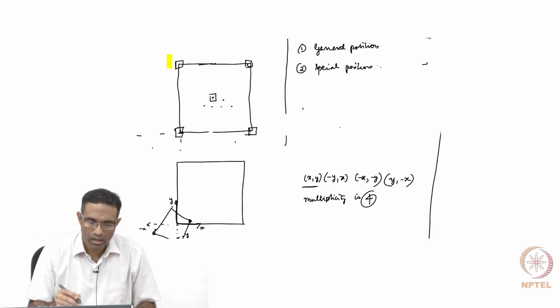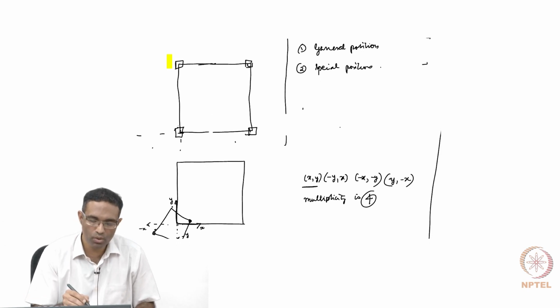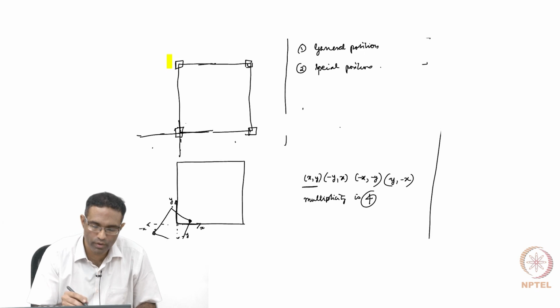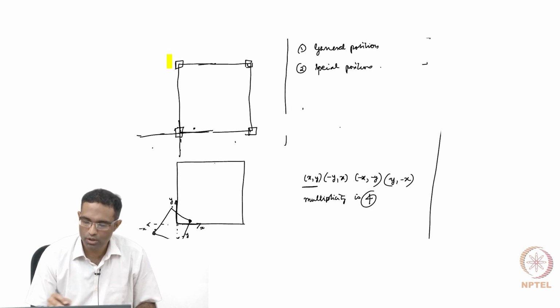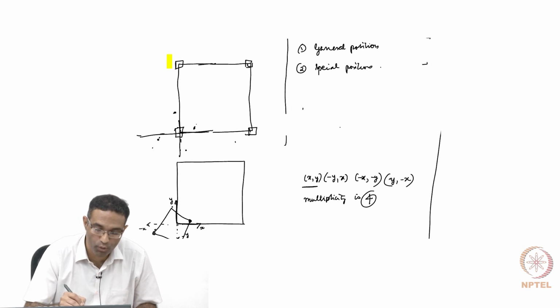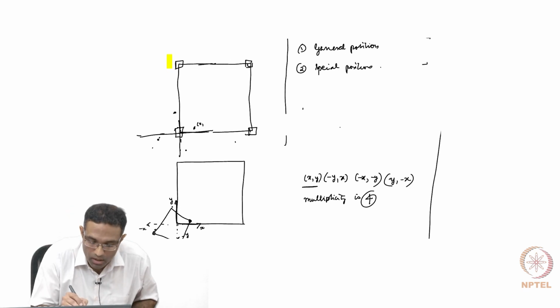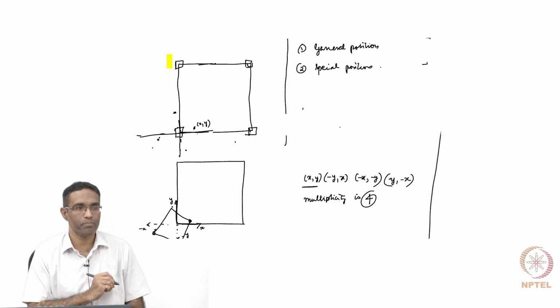Okay. But what I would like to end this class with is for you to note the following. So, when you have x comma y here, you generated minus y comma x, then you generated another one, minus x comma minus y, and you generated y comma minus x, right? You generated 4 points by performing this P4 operation on a general point x comma y.